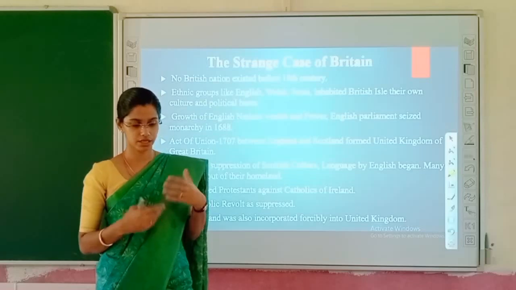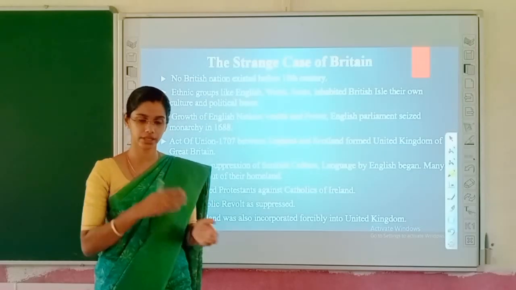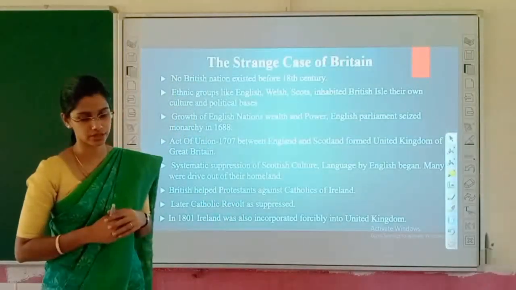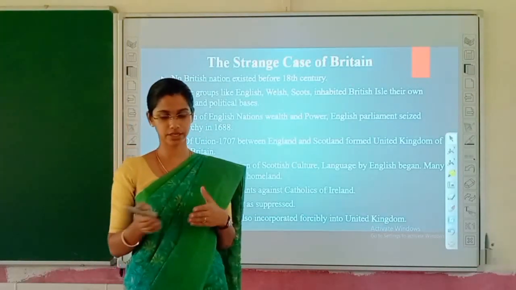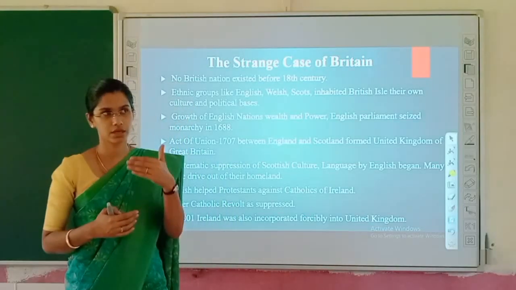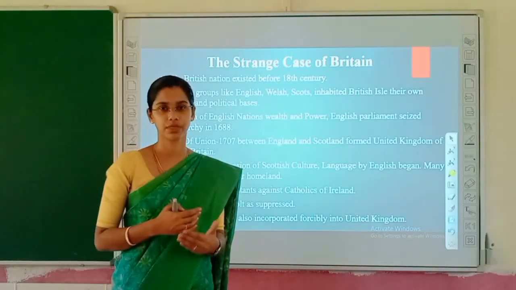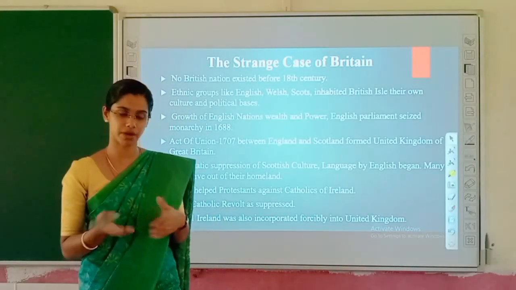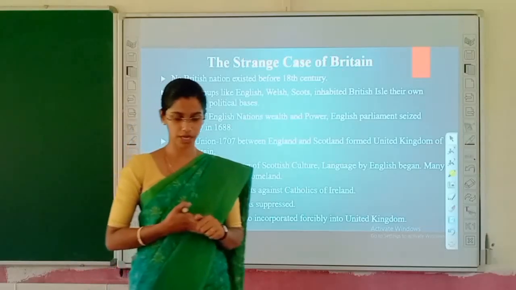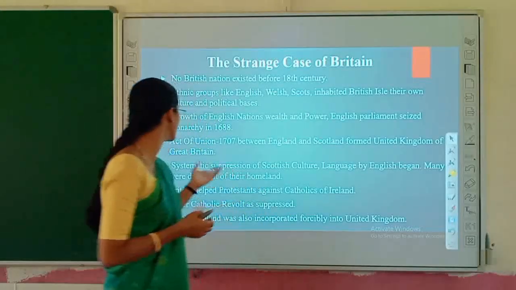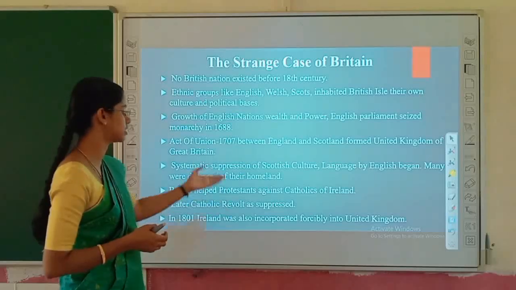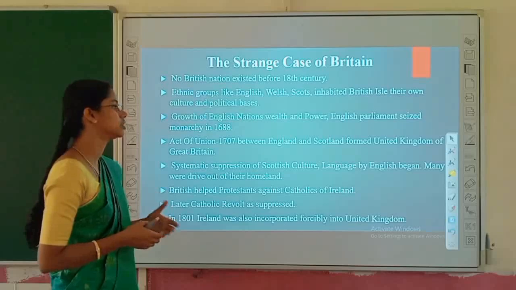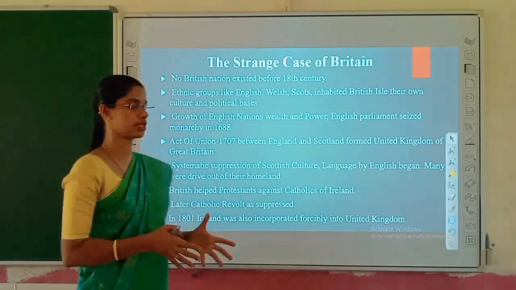Then the concept of nation states with England as a center came in 1688. After that, the parliament snatched power from the monarchy. Then the Act of Union in 1707, between England and Scotland, formed the United Kingdom of Great Britain.